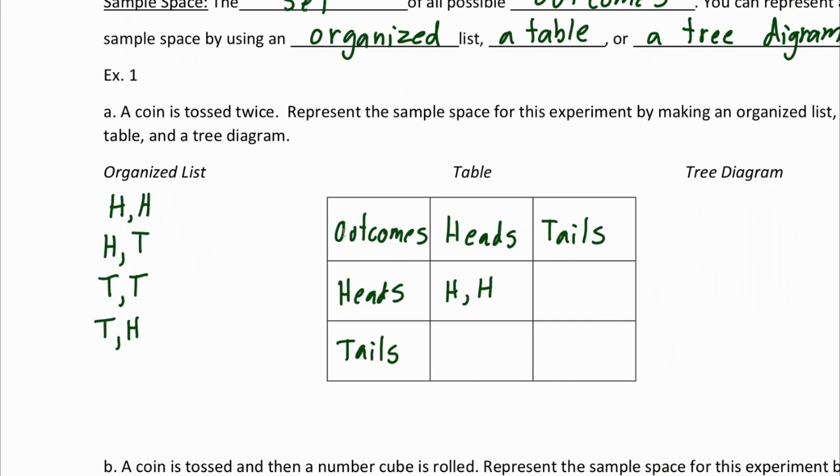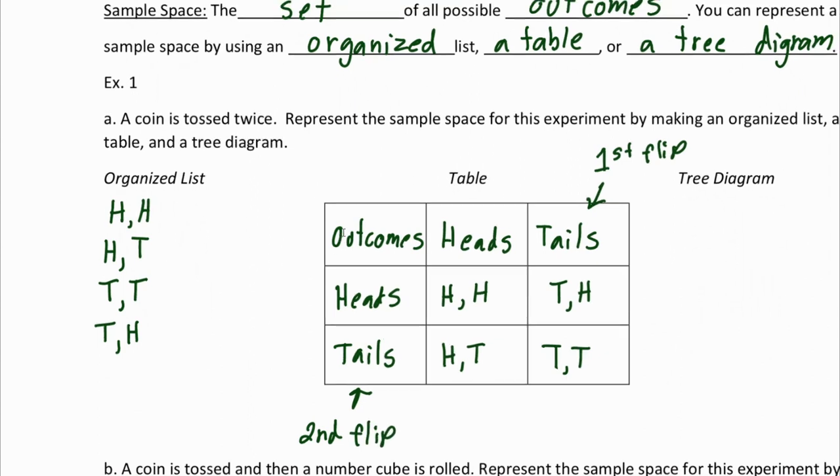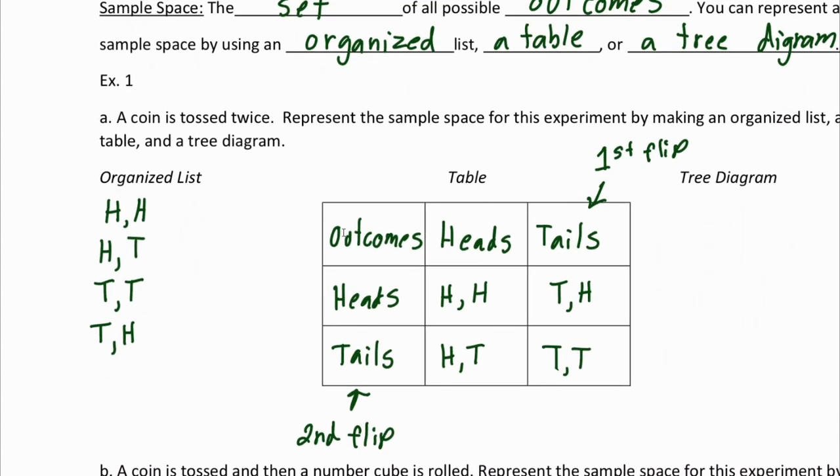First flip is heads, second flip is tails. First flip is tails, second flip is heads. First flip is tails, second flip is tails. This is the first flip, and these are representing the second flip. So this is another way to represent it.